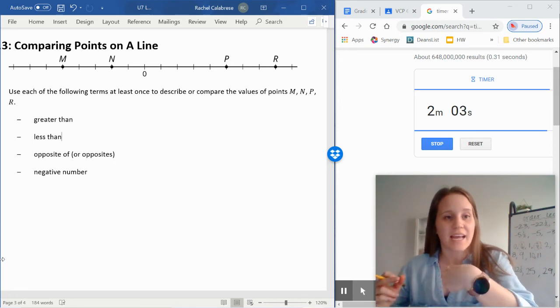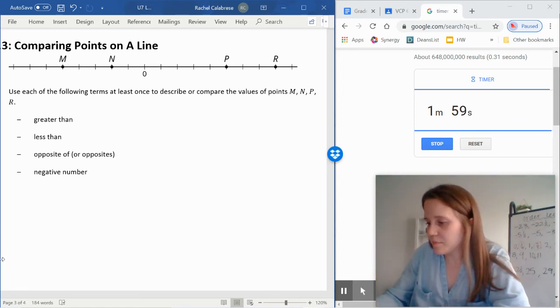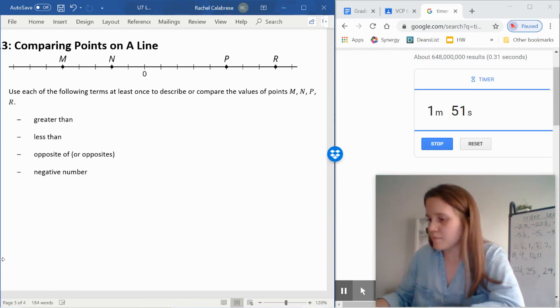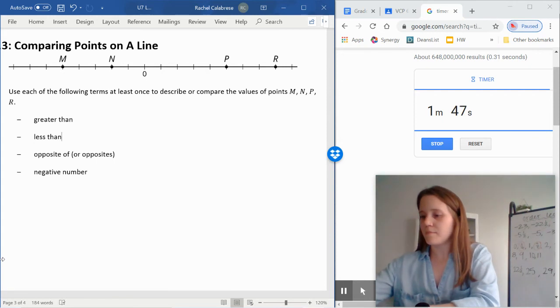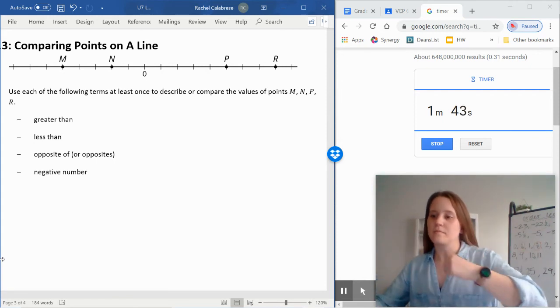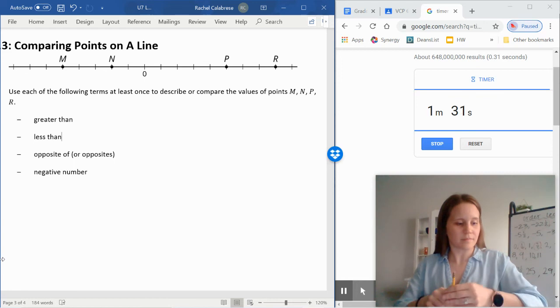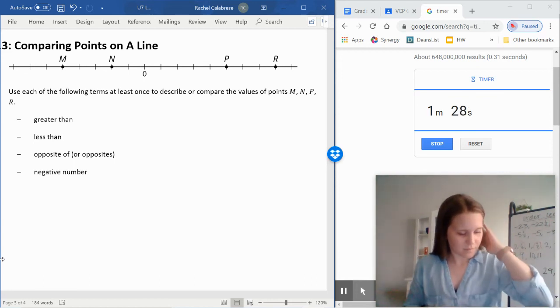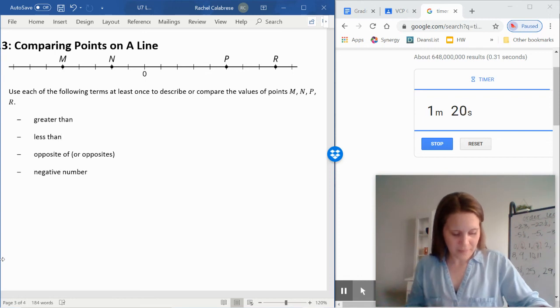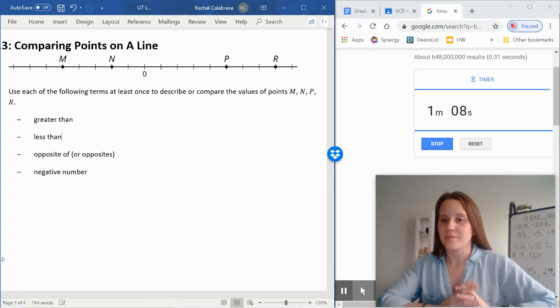If you finish early, go ahead and add another sentence using one of the terms. 1 minute remaining.